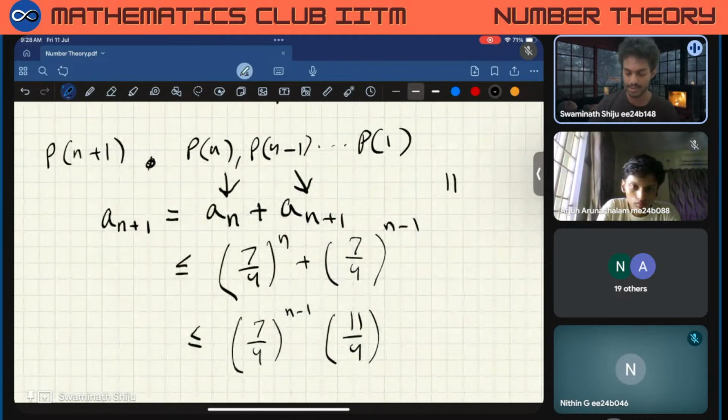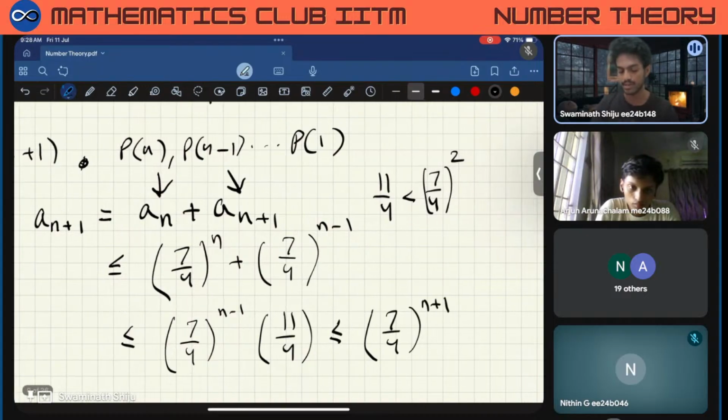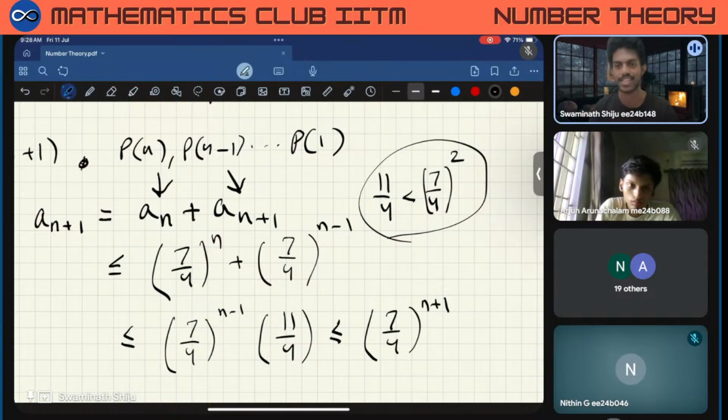Now, 11 by 4 is less than 7 by 4 whole squared. So we can just put it here: 7 by 4 to the power of n plus 1. I'm hoping you can check if this is true, if you need to.